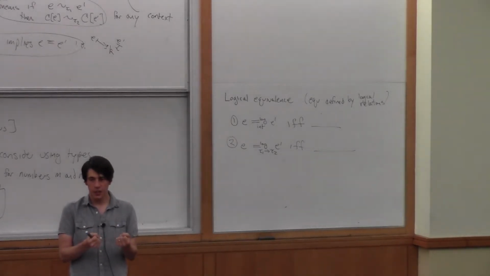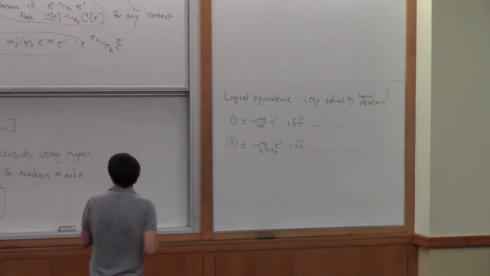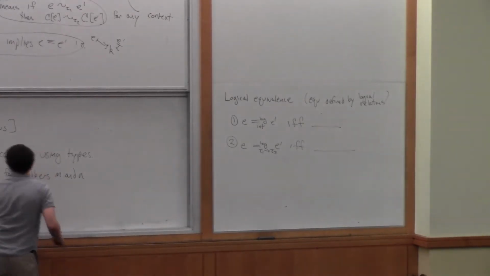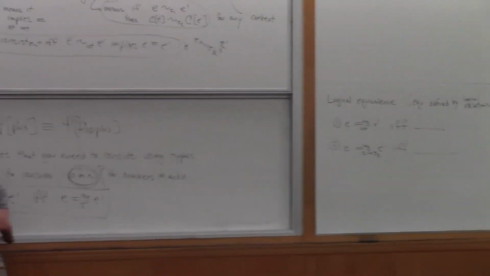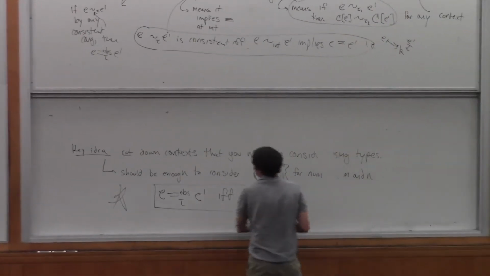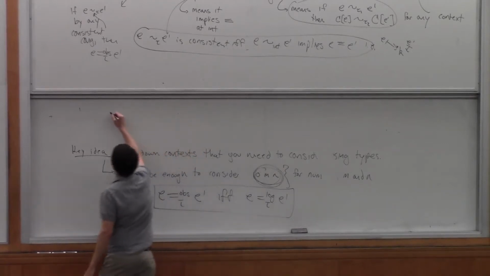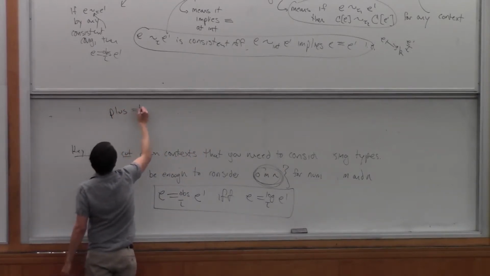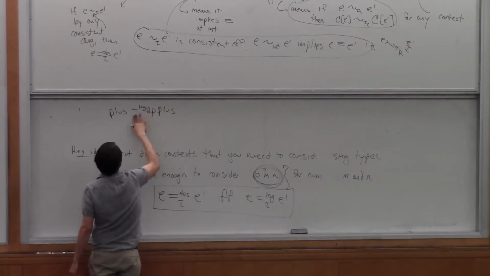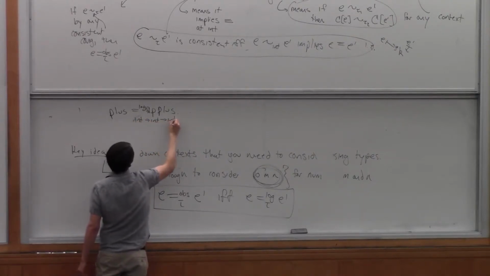Okay? If we have that, then we can solve the problem of plus being related to flip plus, because instead of proving that they're observationally equivalent, what we'll do is we'll prove that plus is logically equivalent to flip plus at type int, arrow, int, arrow, int.